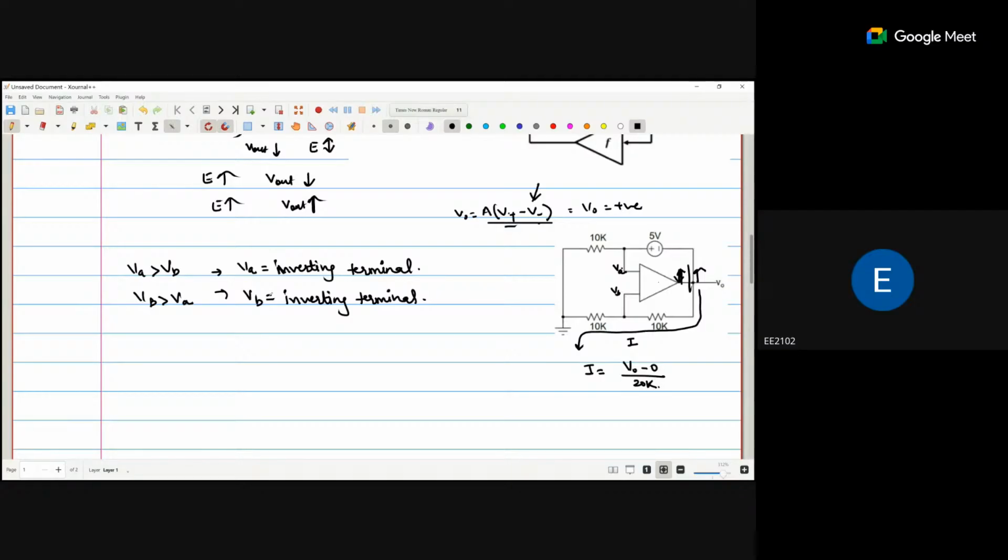The voltage drop across this resistor is VB, so VB is I multiplied by 10K. So V naught minus 0 divided by 20K into 10K gives V naught by 2. So this voltage will be nothing but V naught by 2.